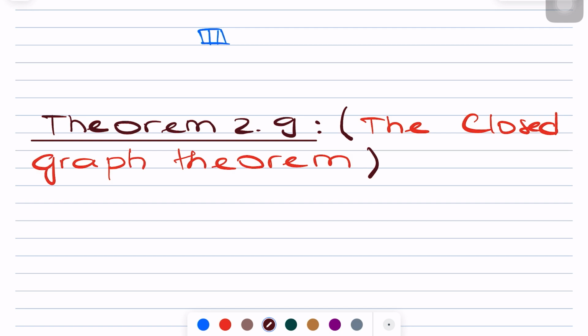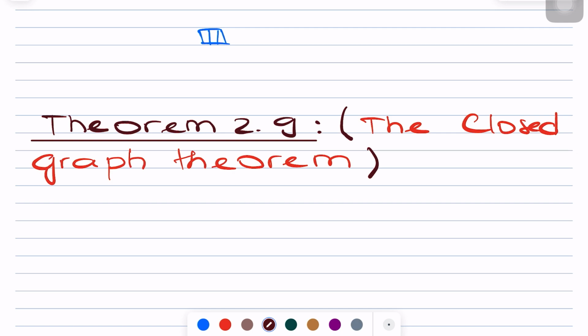Now imagine you are graphing this function, plotting the input values along the x-axis and the corresponding output values along the y-axis. This graph visually represents how the function behaves. Now, the closed graph theorem is motivated by the desire to understand the relationship between the continuity of a function and the shape of its graph.